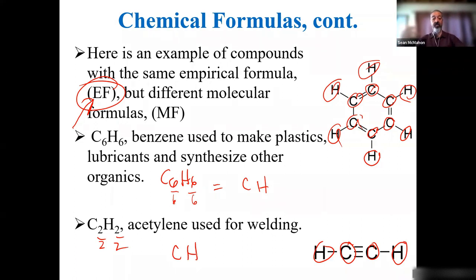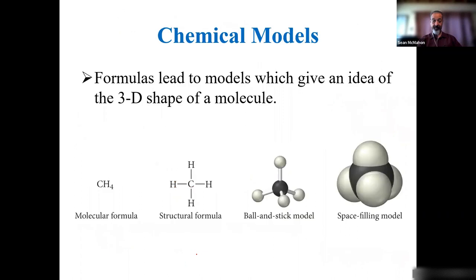So the empirical formula gives us the simplest ratio, but we need to be careful because that doesn't always tell us how the molecule is found. That's why I typically say you want to look at the molecular formula. Once you have the correct molecular formula, like let's do methane, CH4, eventually we'll be able to draw what's called the Lewis dot structure. That's what I talked about earlier.